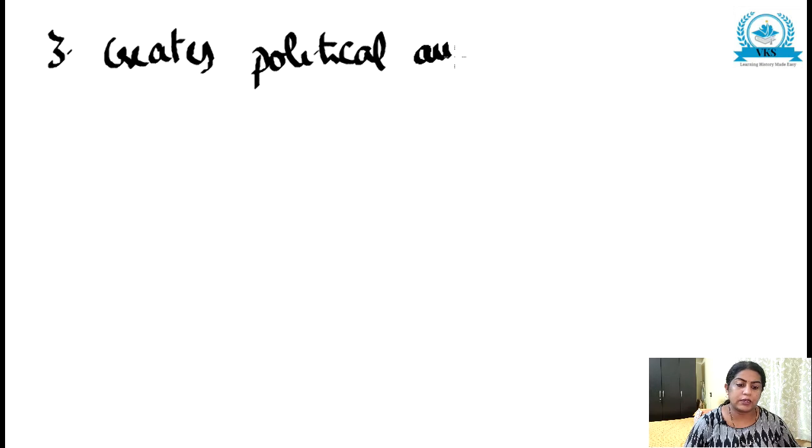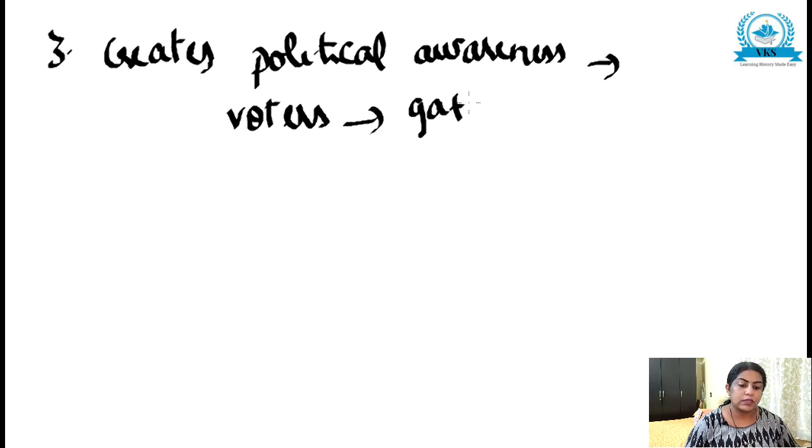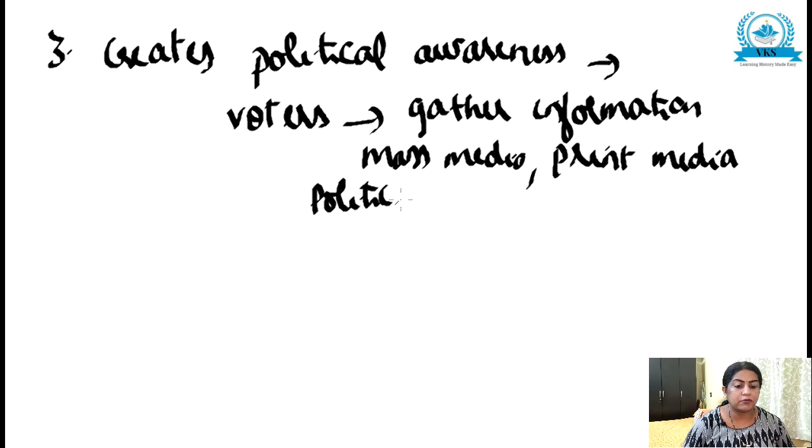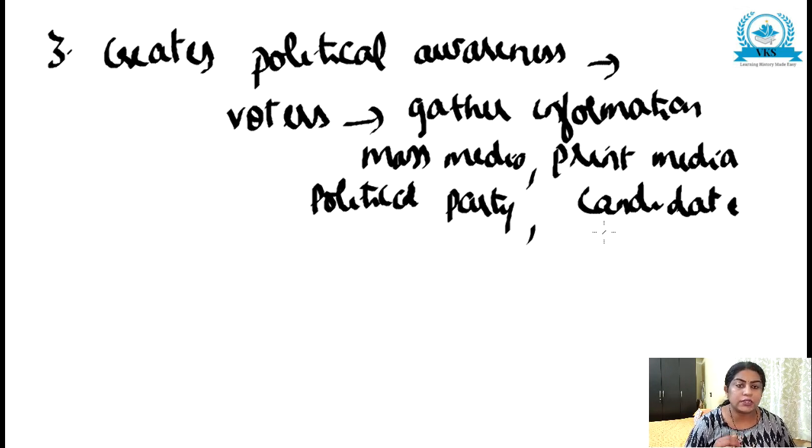In direct election, voters gather information about their representatives through mass media, print media, etc. They also gather information about the political party from which the representative comes, the candidate, and the manifesto of the political party.